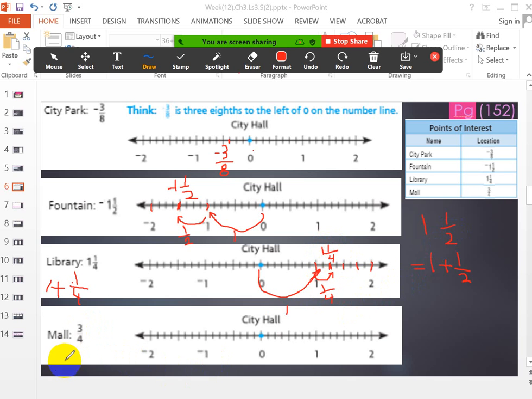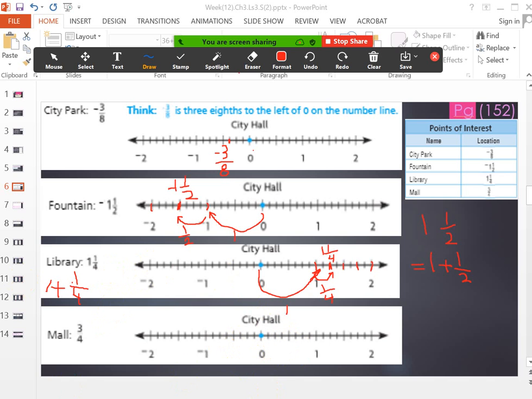Now 3 over 4. 3 over 4 is a fraction between 0 and 1, because this fraction is less than 1, because the numerator is less than the denominator. So it will be after 0 on the right side, on the positive side.